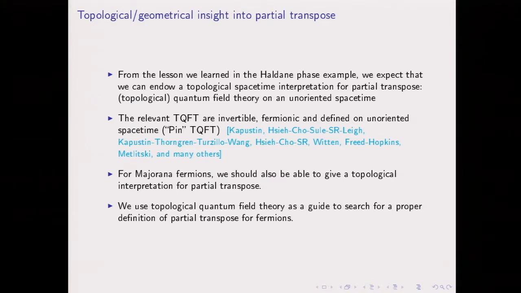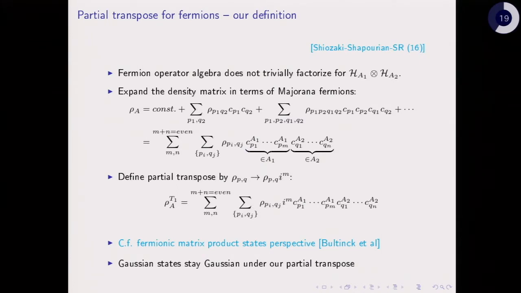So the microscopic definition of the partial transpose, if it exists, must implement the correct pin structure or spin structure. So that's our basic strategy. Sorry, there are a lot of sentences without any equations, so if you're interested, I can describe this more. But let me now move on to our definition of partial transpose.